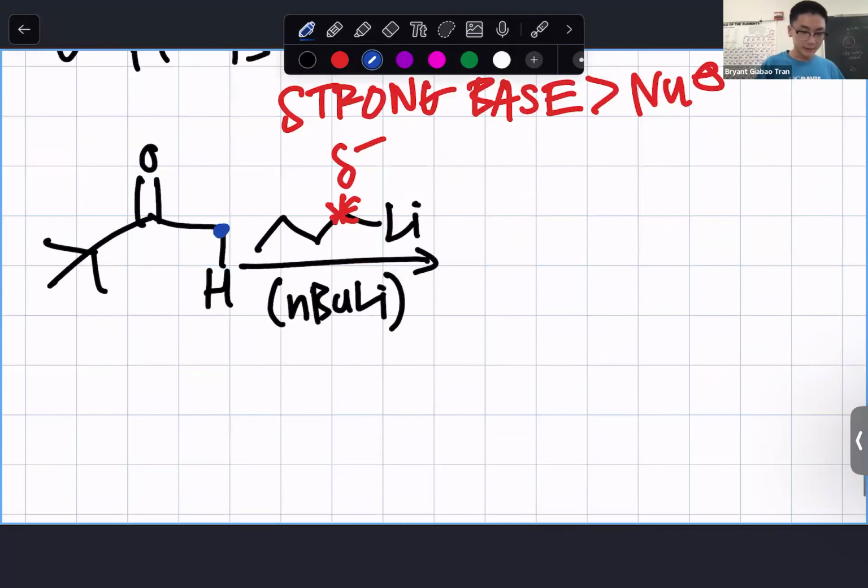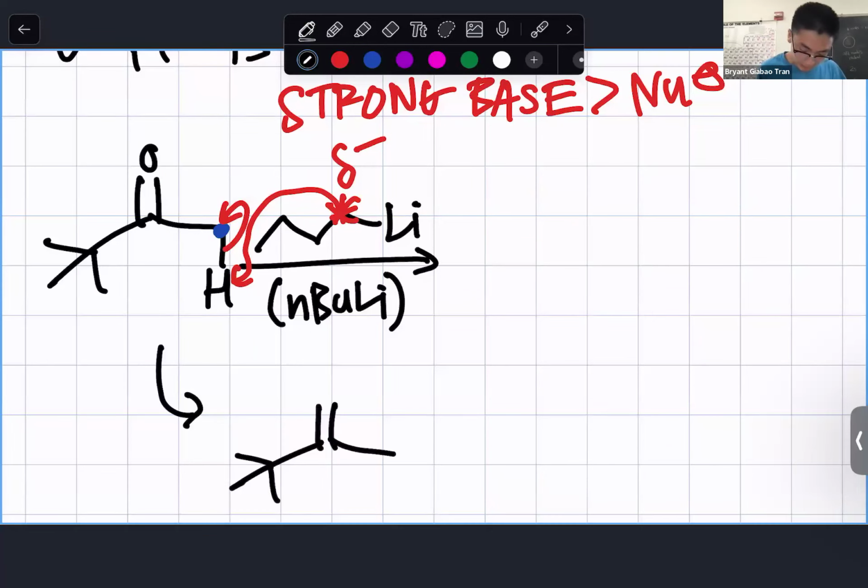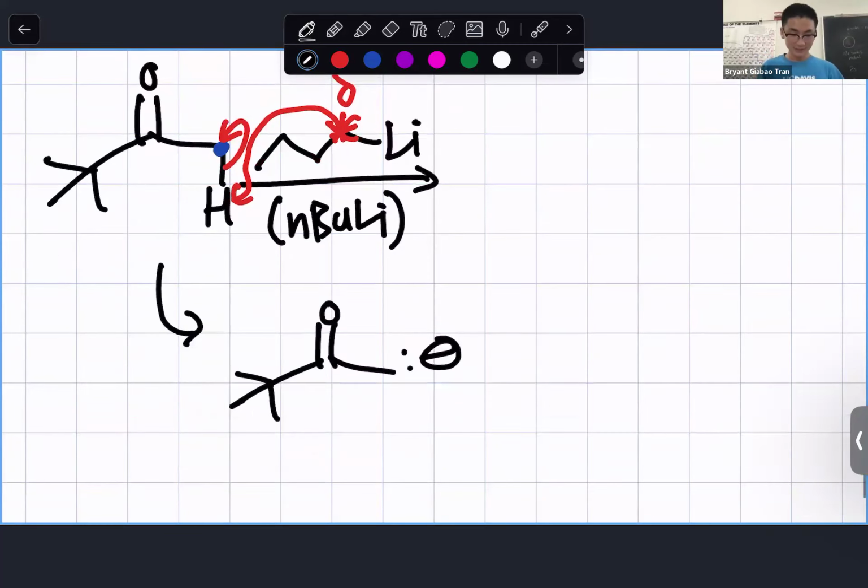The reason why that's the most acidic one is because when we deprotonate it, let's say we give that carbon here a negative charge. Let's look at the conjugate base. What do you notice about this conjugate base here, where there's a negative charge on that alpha carbon? What can it do? Yeah, so it can do resonance here, right?